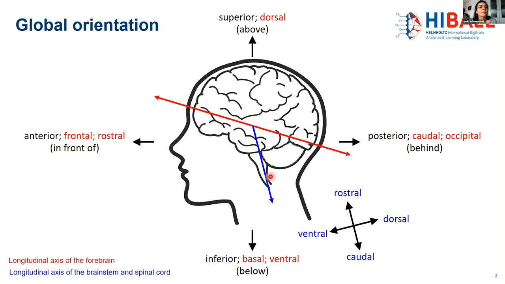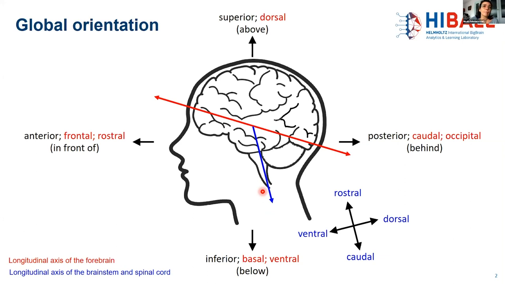And here, rostral, dorsal, ventral, and caudal have a different orientation. So, for example, the word rostral can mean two completely different directions depending on whether you are in the forebrain or in the brainstem and the spinal cord.